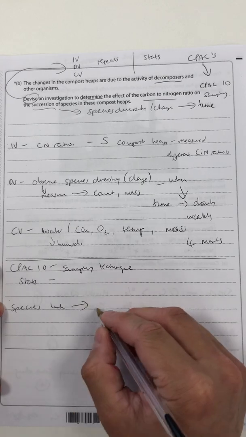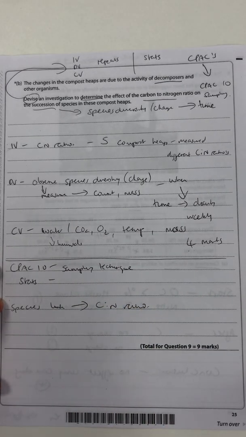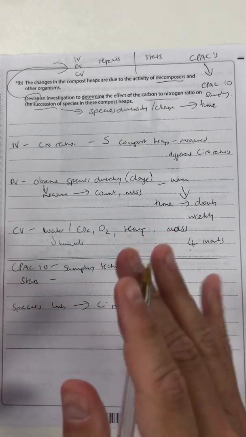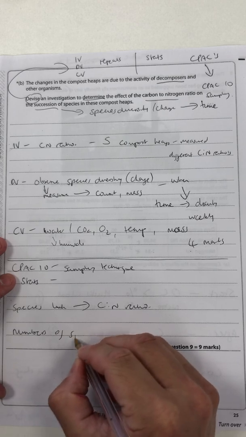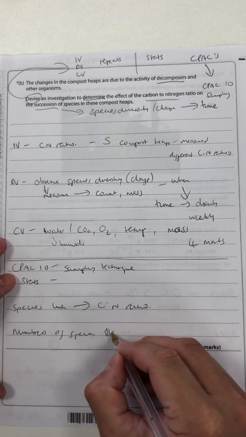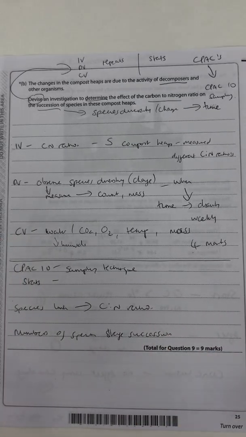So which ones are appearing at different CN ratios? And then obviously you're going to look at the big thing with succession, which is numbers. So linking the number of species to the stage of succession, and having a clear understanding that succession should increase the species number over time. So if in one of the ratios you've got a larger number of species, it means that more succession has happened in that compost heap.